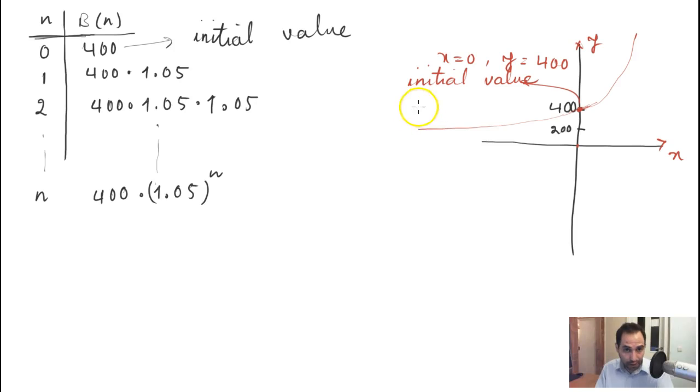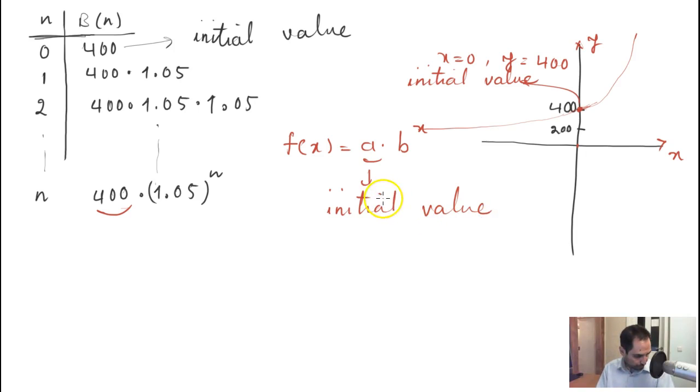If you were to write an equation for this function, it would be f of x is equal to a times b raised to the power x. And you can see that this a corresponds to this 400. So your a is again your initial value.